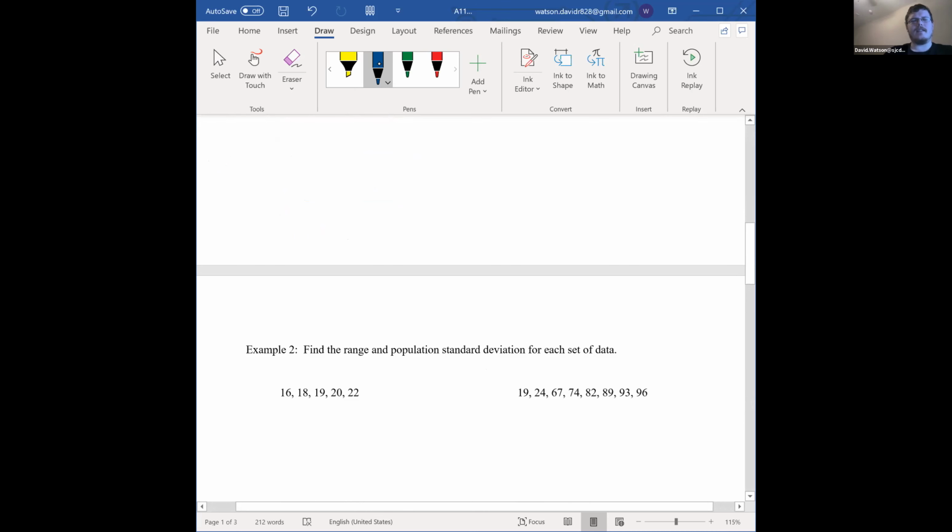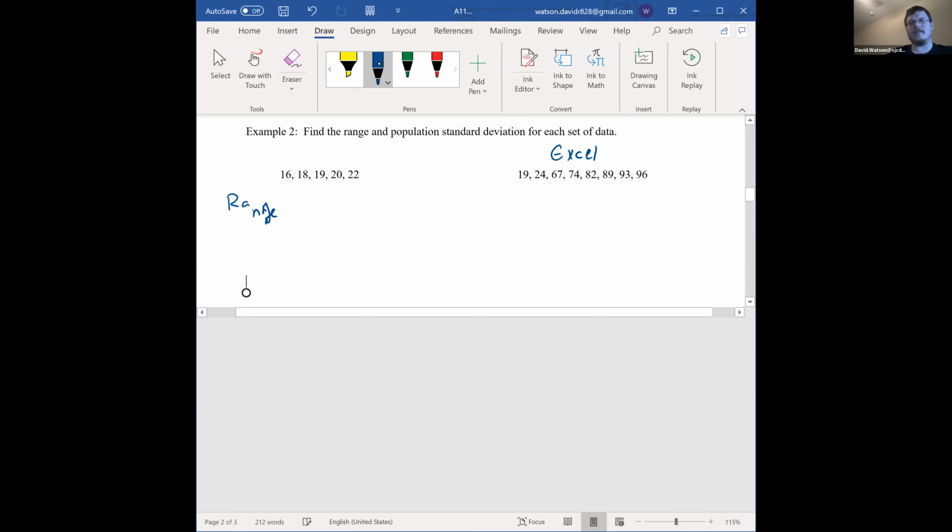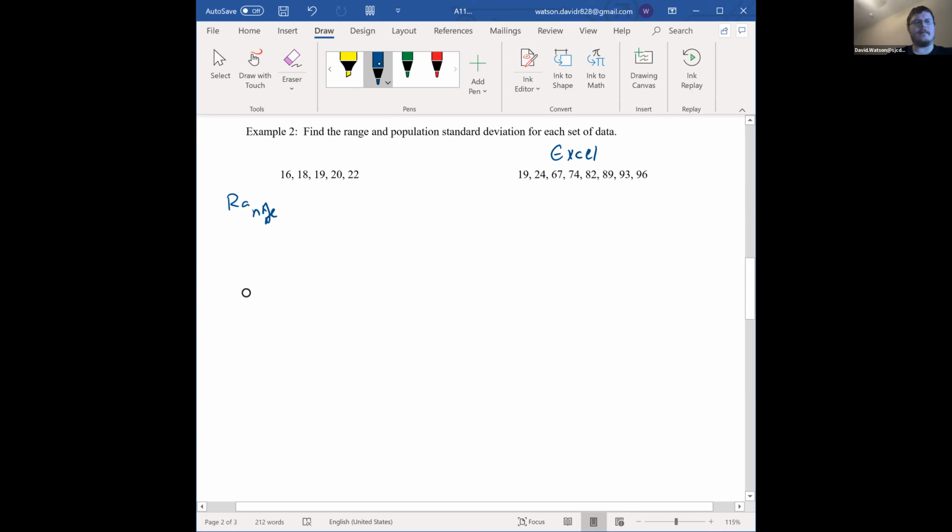Let's go on to example 2. This time we're finding the range and population standard deviation for each set. This second one over here, don't worry about this one yet. We're going to do this one in Excel later. But for this first one, first let's find the range, because that's the easy one.